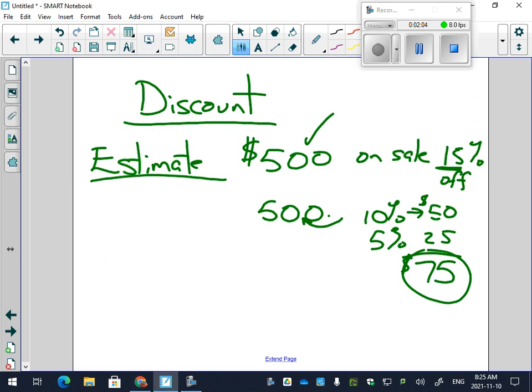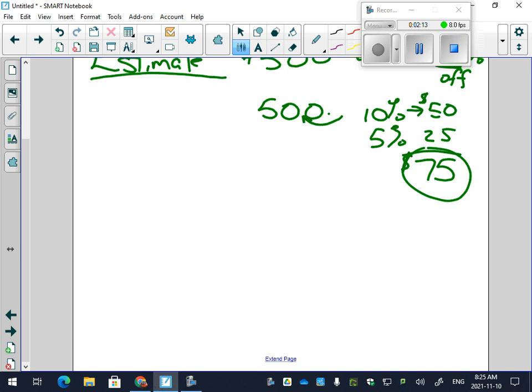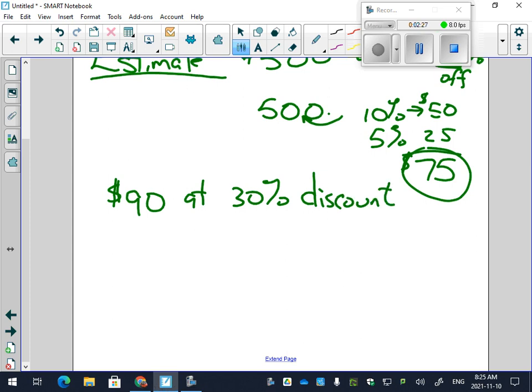So that's estimation. Let's do another one. We won't use 15% this time. We'll say 30% off. Let's do a $90 item at 30% discount. So when we estimate, we start with the base 10%, and this is all done in our head, by the way, we don't write this down.